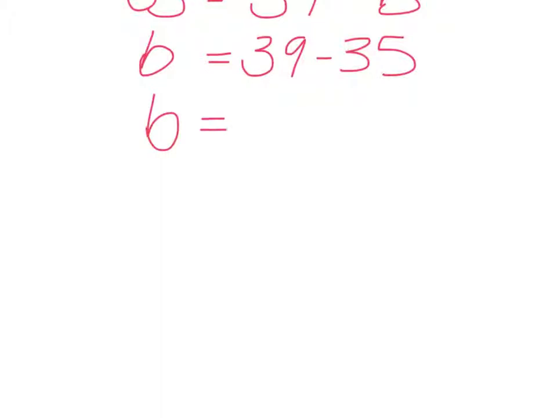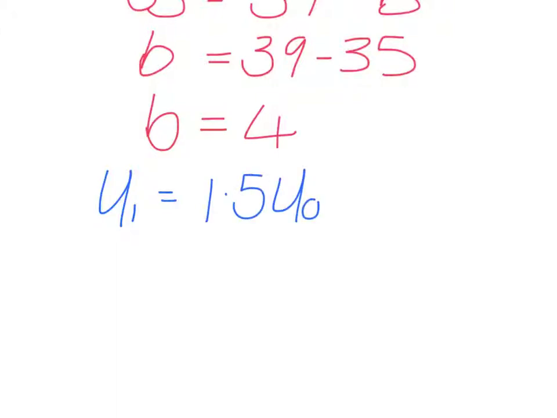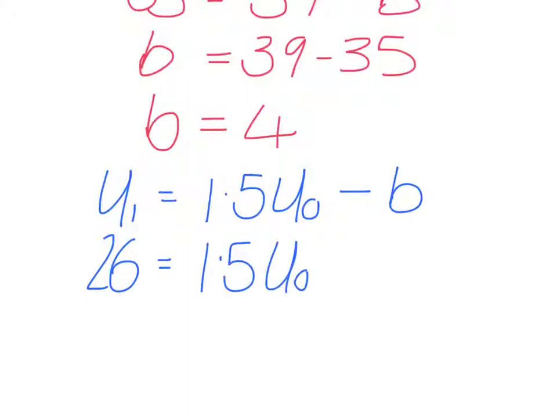So now that we know that B equals 4, we can then write down another recurrence relation with U1 and U0. So U1 equals 1.5 times U0 take away B. So U1 we already know is 26, so that's 26 equals 1.5 U0 take away B, which we now know is 4.